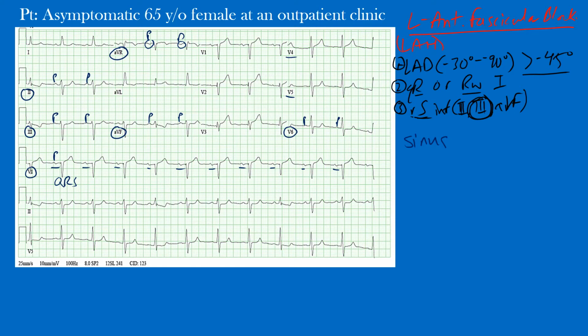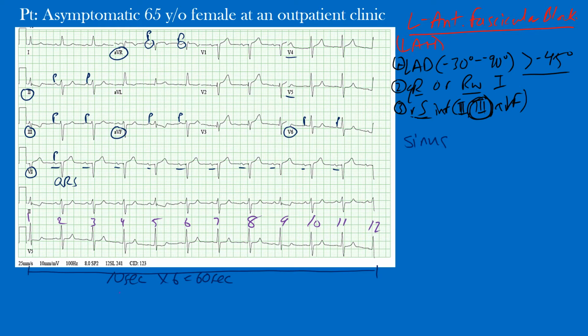Now, how about our heart rate? We know that the typical EKG strip represents 10 seconds. If you multiply 10 by 6, you get 60 seconds, which is 1 minute. So if we count the number of QRS complexes going across, we can get an approximation of the rate. We have 1, 2, 3, 4, 5, 6, 7, 8, 9, 10, 11, 12.